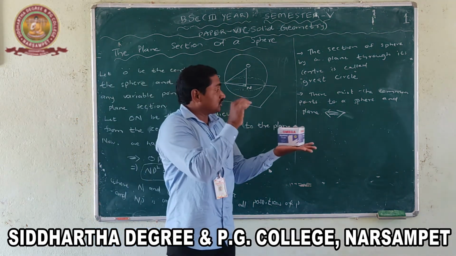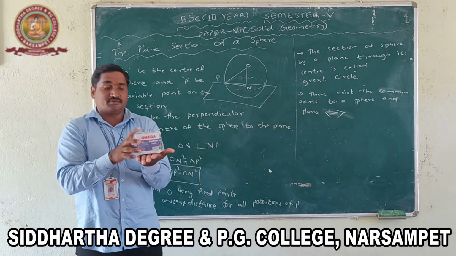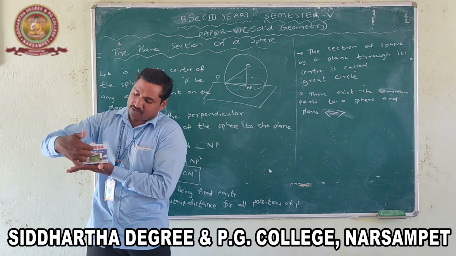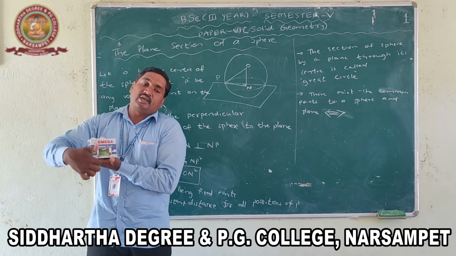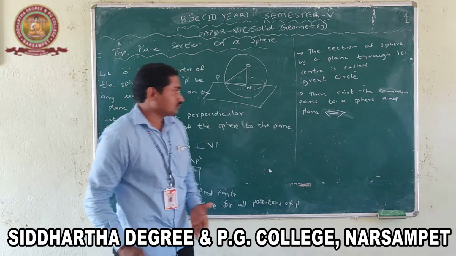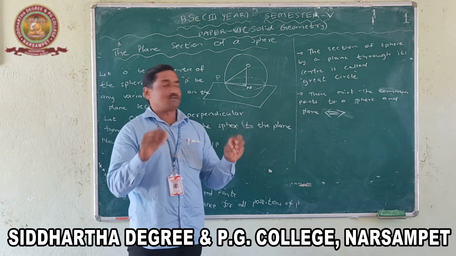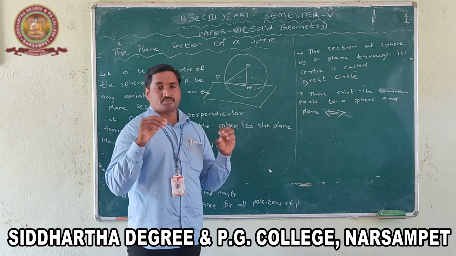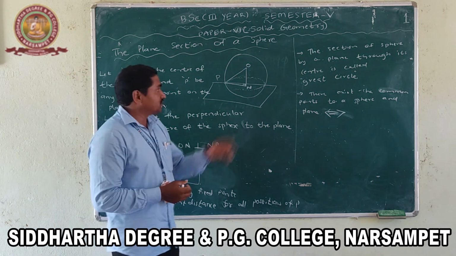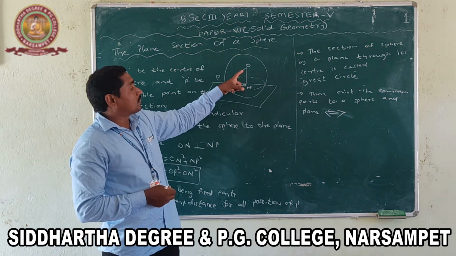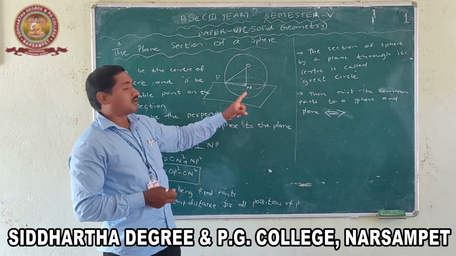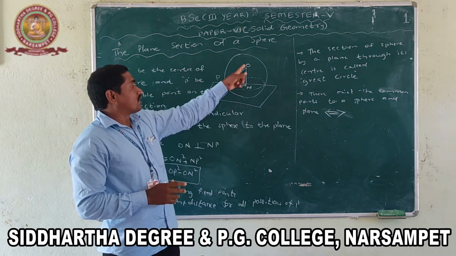So there exist common points to a sphere and plane if and only if the perpendicular distance from the center of the sphere to the plane is less than or equal to the radius of the sphere. One very important point, right?